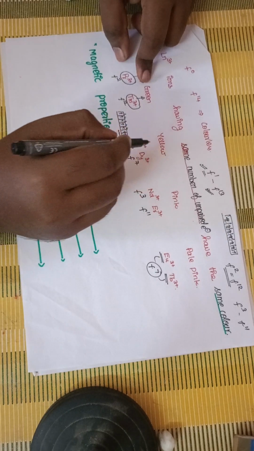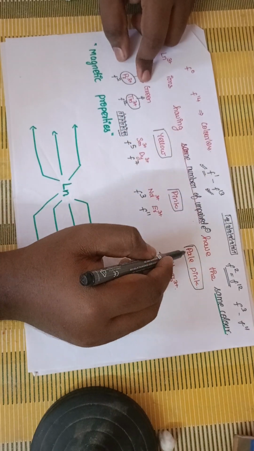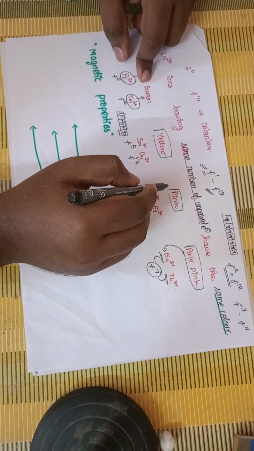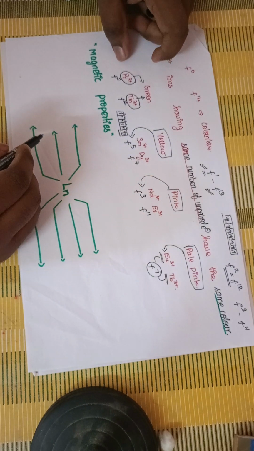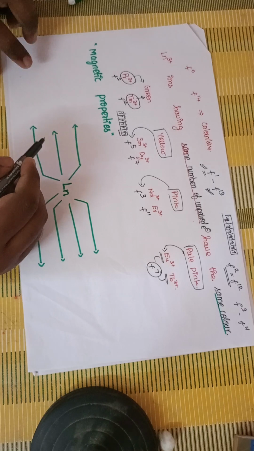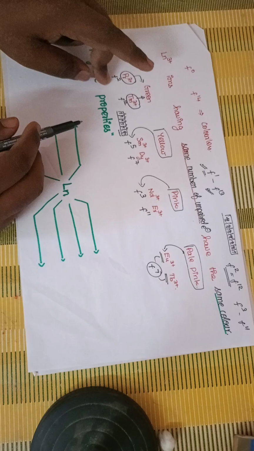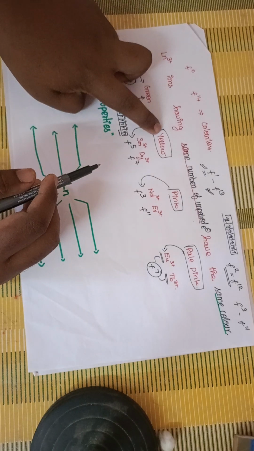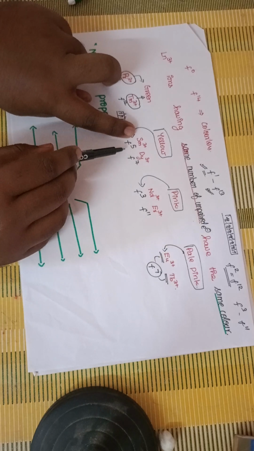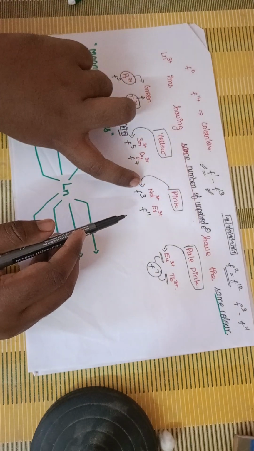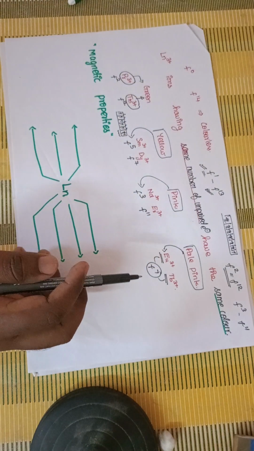So this is the color exhibited by the configuration. F-block elements will be green in color if they have 2 unpaired electrons, yellow if they have 5 unpaired electrons, pink if they have 3 unpaired electrons, and pale pink if they have 7 unpaired electrons.